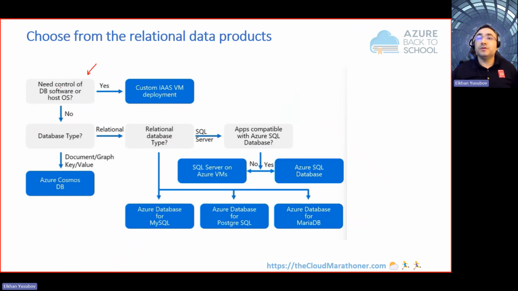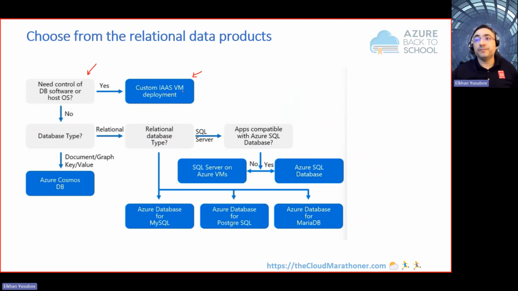So if you need some more control on database software as well as on the operating system level, of course, the option, as we see here, is to move it to the virtual machine and run that service as an infrastructure as a service, right?